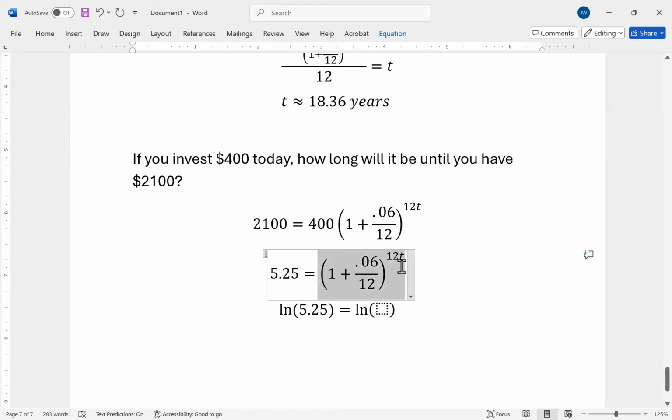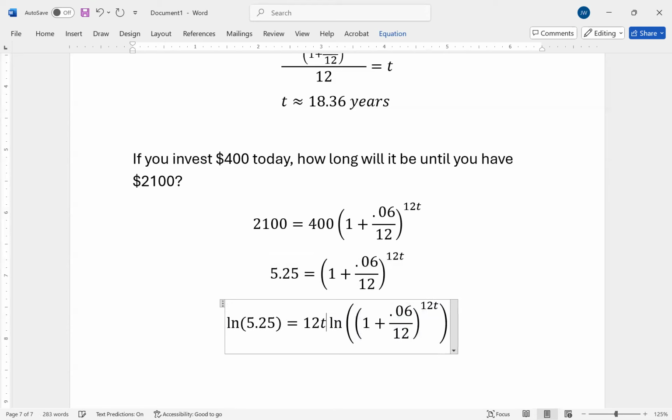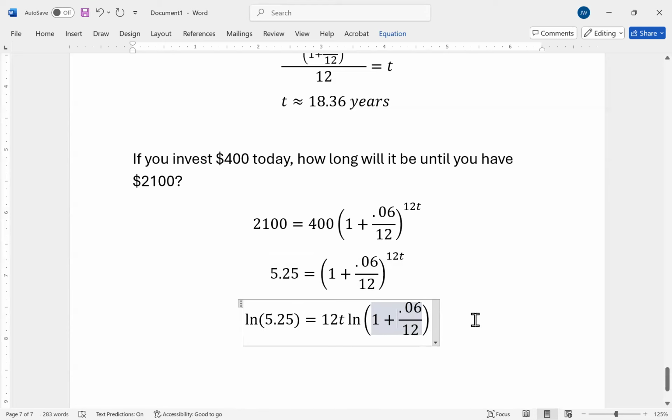Again, that right-hand side is this. And I take the 12t in the exponent and bring it out front. Typing miscue there. So I get natural log of 5.25 is equal to 12t times natural log of 1 plus 0.06 over 12.